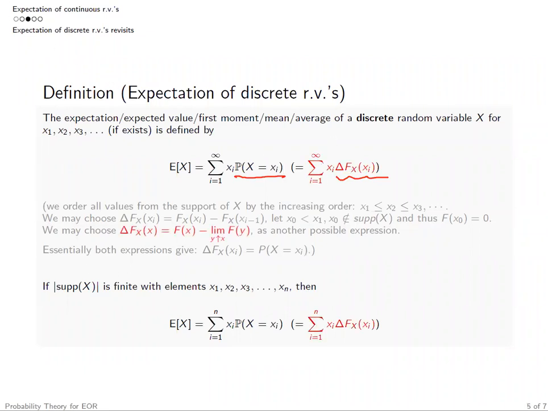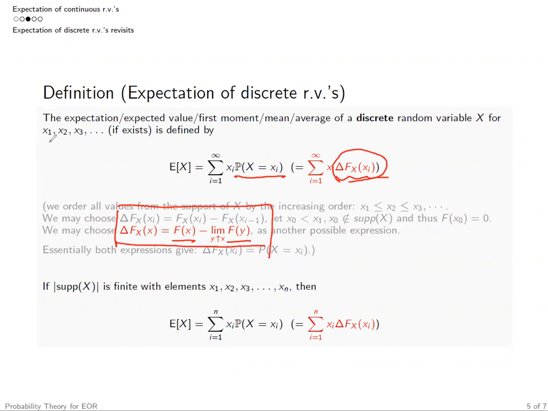For the discrete random variable case, for the delta F(x), the difference in the value of the CDF function, we can choose two different representations. One is F(x) minus the left limit of F(y) with y approaching x from the left.